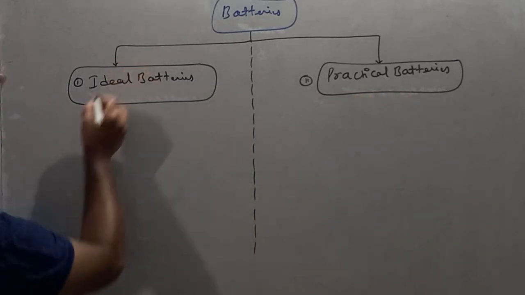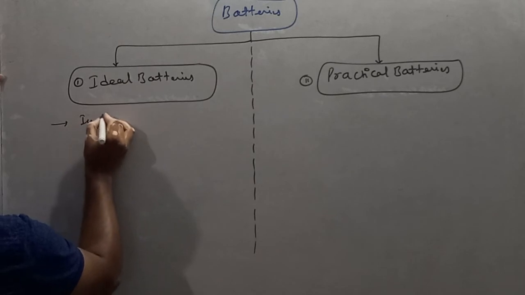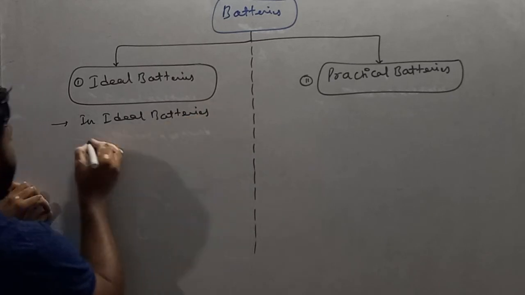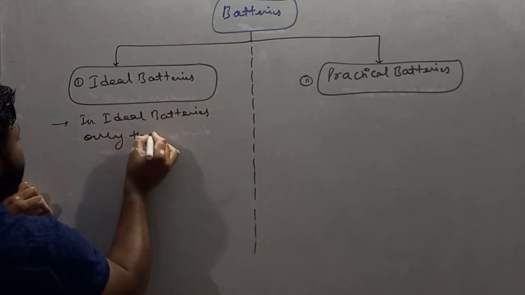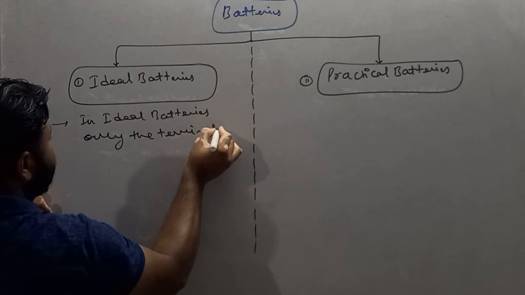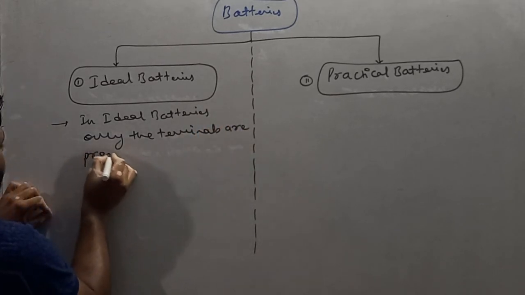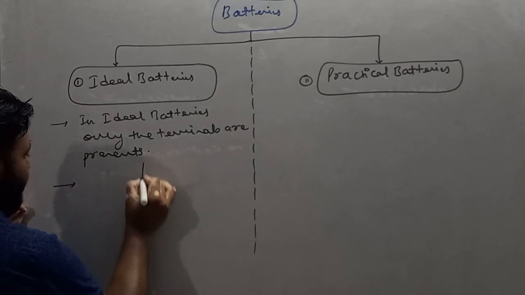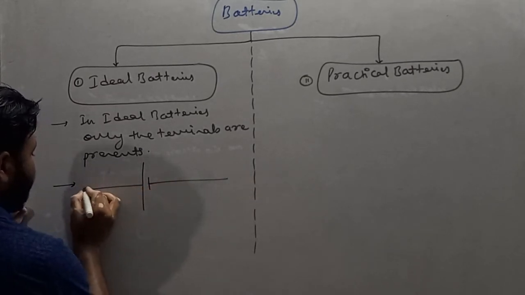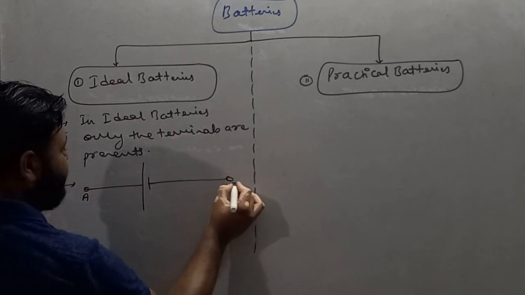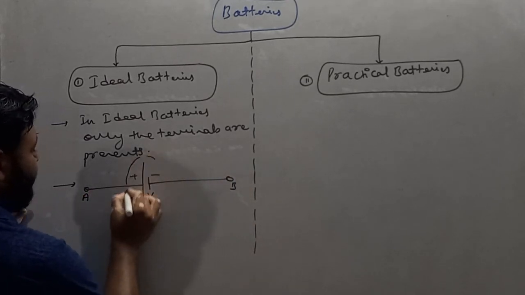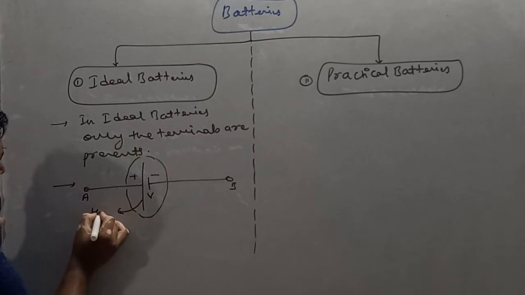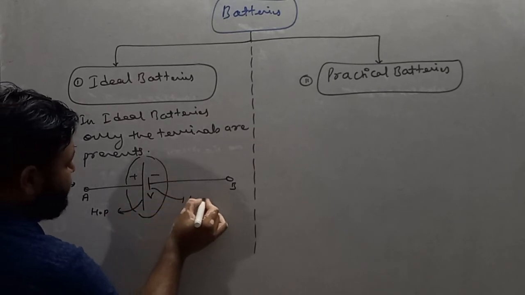If I am talking about the ideal battery, I'll write here: in ideal batteries, only the terminals are present. Dear student, this is nothing but an ideal battery. These two sticks, one represents higher potential and another represents lower potential.